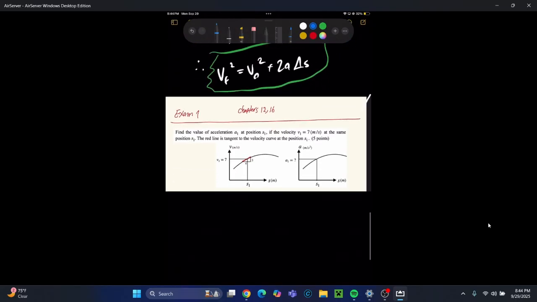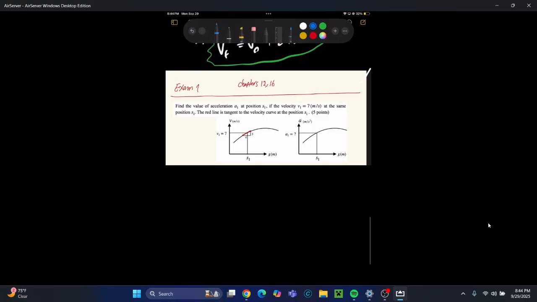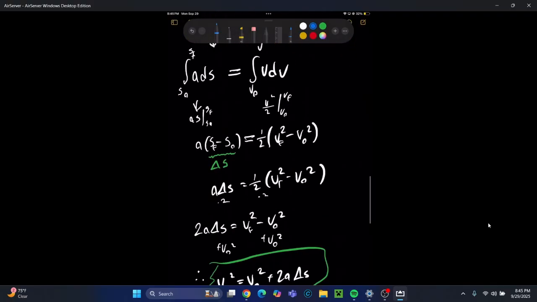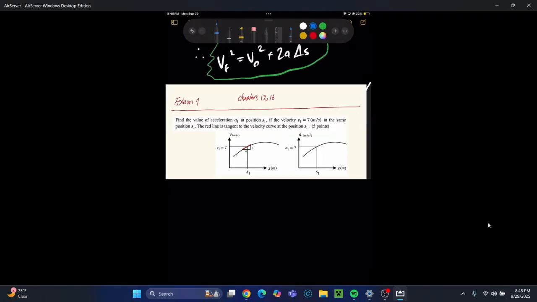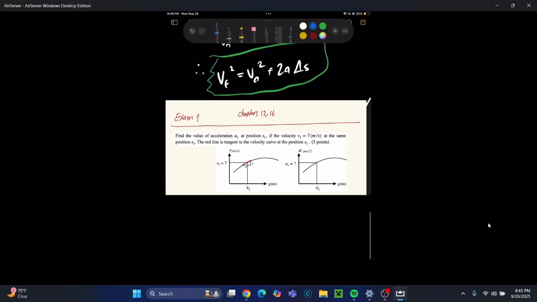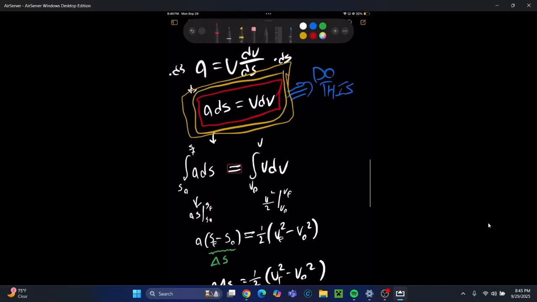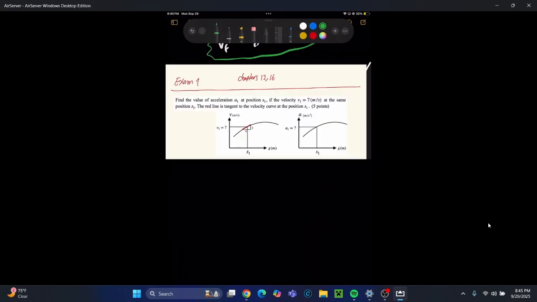We have an acceleration graph with position, and we have a velocity graph where we have its slope of velocity versus position. So you can probably surmise that we can use the equation made for this exact scenario: a ds equals v dv. And what are we searching for? The value of a. Great.